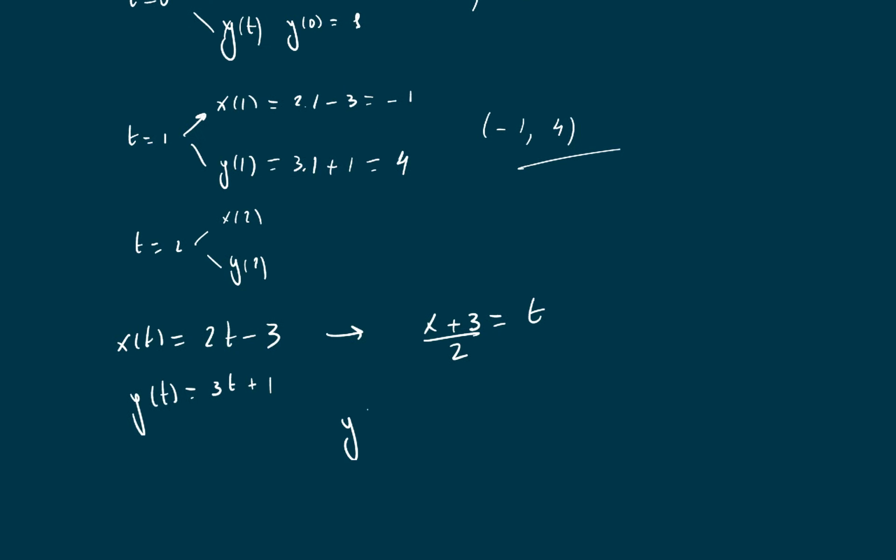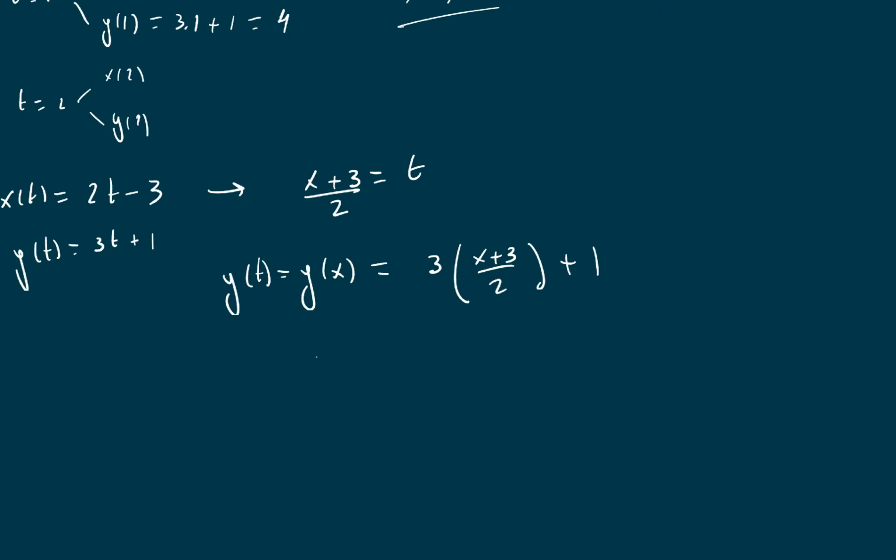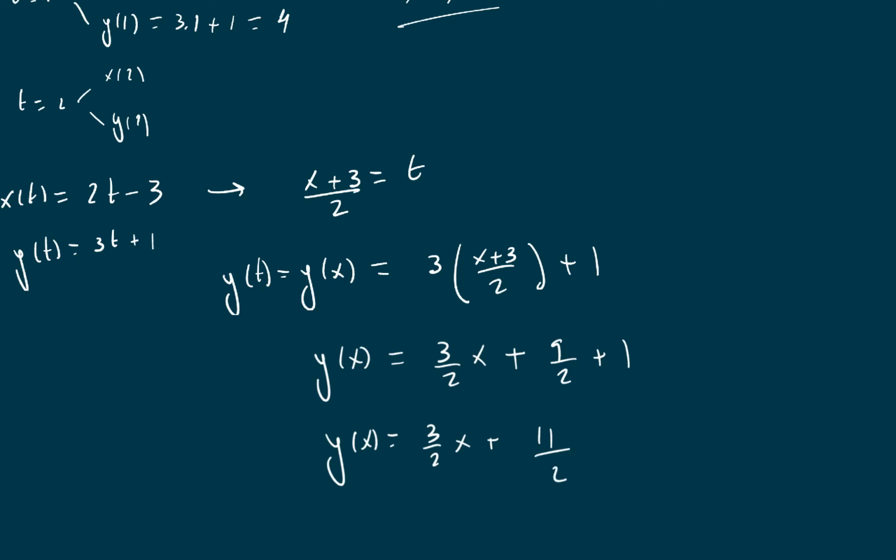So y of t will be converted into y of x when I plug in the t. It will be 3 times x plus 3 divided by 2, plus 1. So y of x will be 3/2 of x plus 9/2 plus 1, or y of x will be 3/2 of x plus 11/2. So this is a rectilinear line with a positive slope of 3/2.